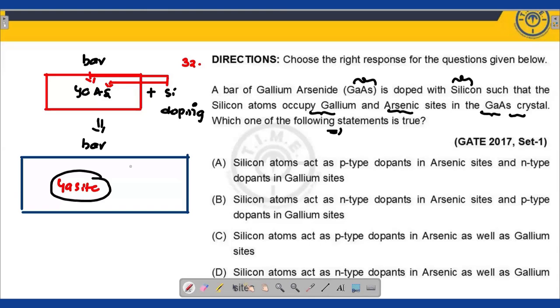So the gallium site replaced by a silicon atom produces a free electron of n type.